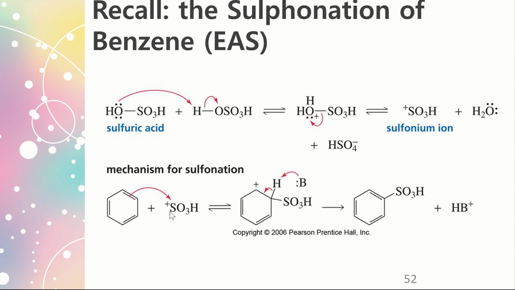Once our electrophile is generated, we have electrophilic aromatic substitution, and perhaps if you want to do an exercise, you can draw the various resonance structures of this areneum intermediate. But at the end of the day, you have substitution of the hydrogen to form sulfonic acid.